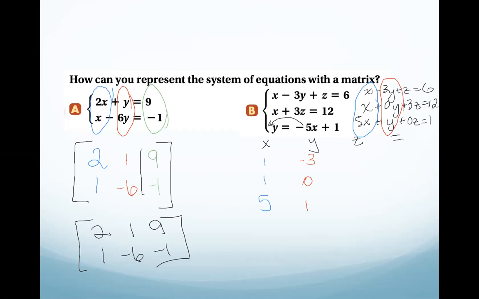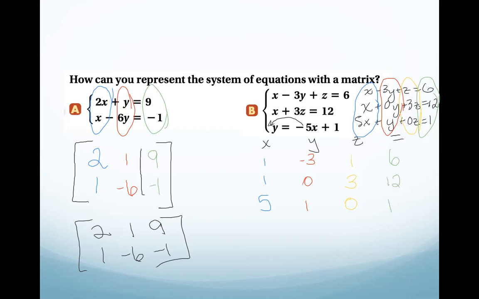Whoops, I used blue for x. Let me use, what color haven't I used? Yellow. So I'll use yellow for z. So that's 1, 3, 0. And finally, I have green for my constant, and that is 6, 12, 1.